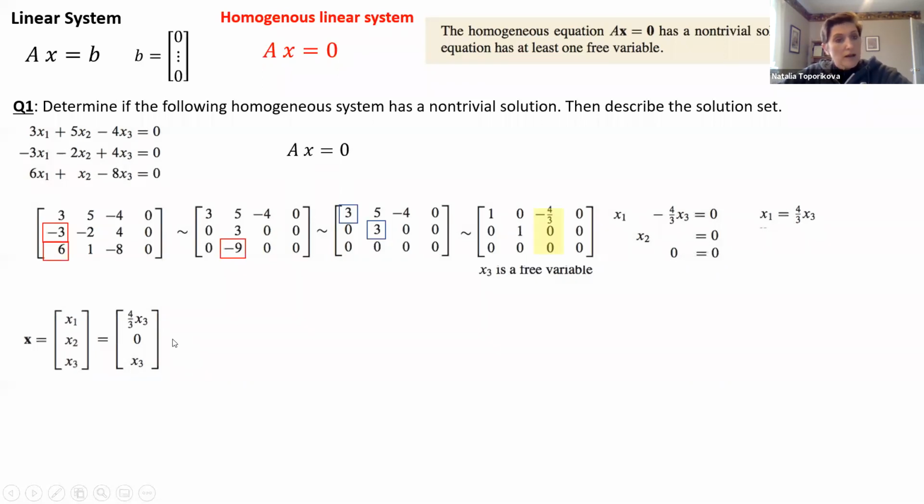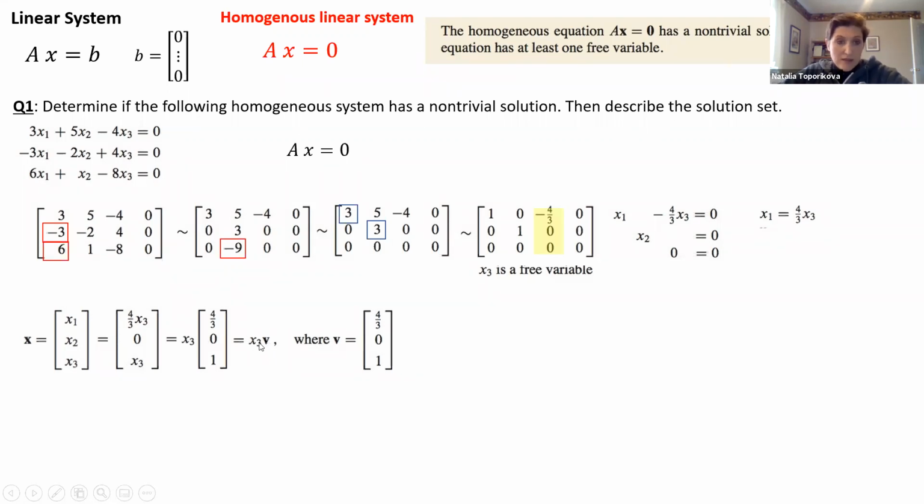Now let's simplify a little and factor x3 out. We are now writing it as a linear combination with the weight x3, or x3 times the vector, which we will call vector v. So basically what we did here is write the solution as a product of a number and a vector.